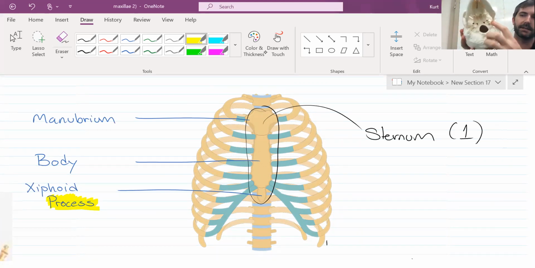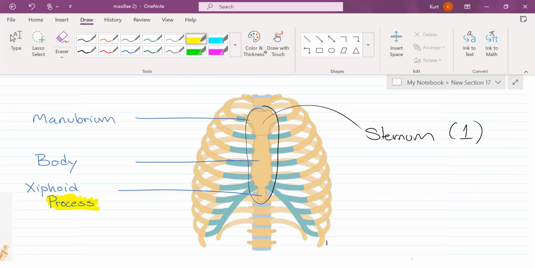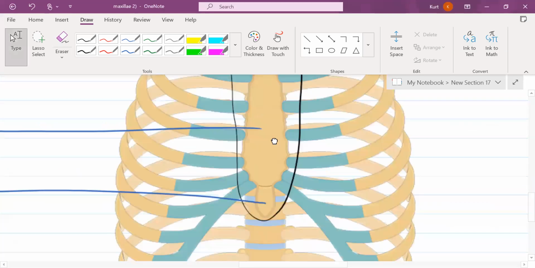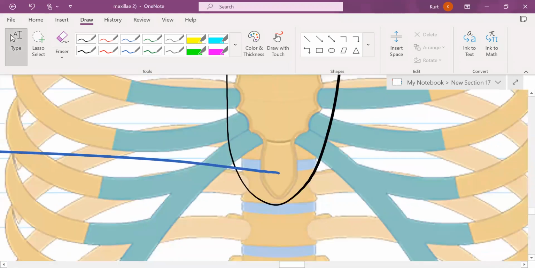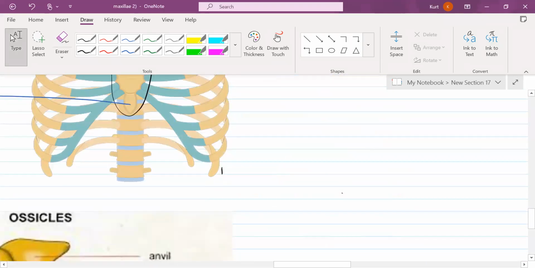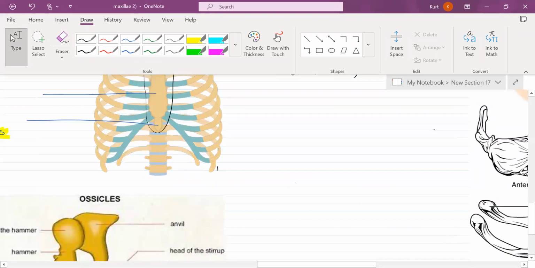This is called a process. There's a part of your vertebrae that's a process, but namely when we talk about the skeleton, little projections, things that stick out like that, are called processes. You have a xiphoid process. These are called your mastoid processes on your skull. You'll learn several others.